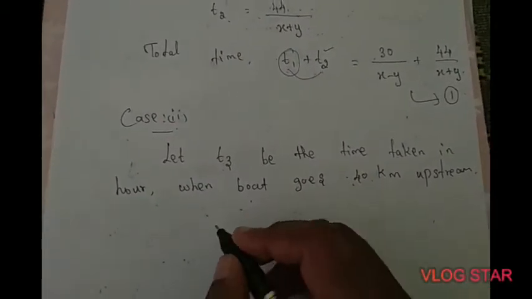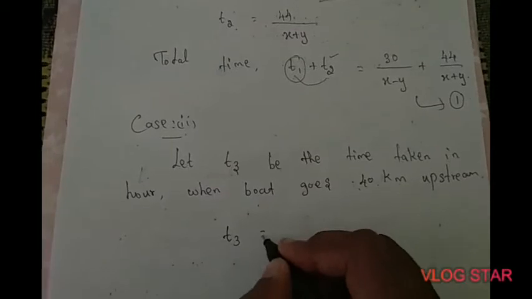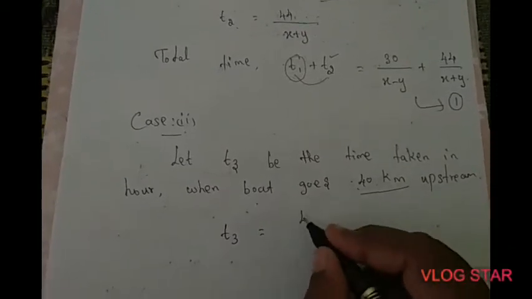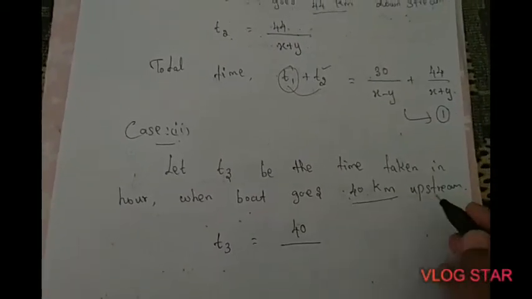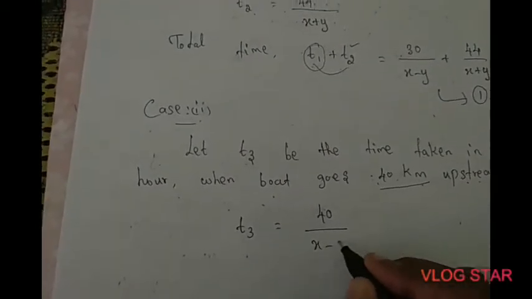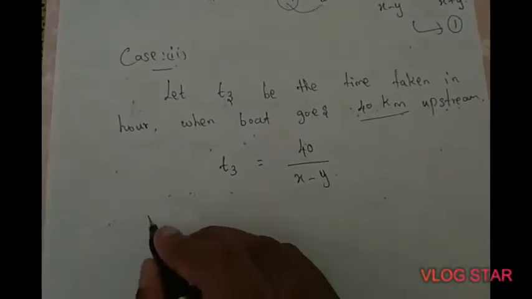Then how to write this condition in the formula, time formula? Then T3 is the time, distance is 40 kilometer, speed of the upstream. Then x minus y or x plus y for upstream, that is given x minus y. Okay, decreasing. Then next we have to take T4.